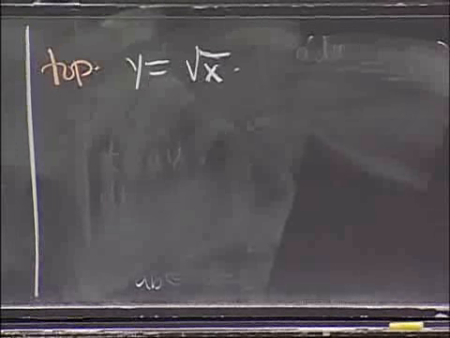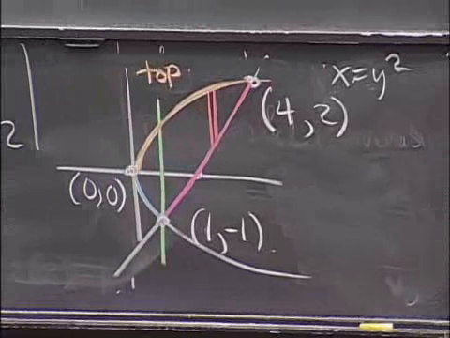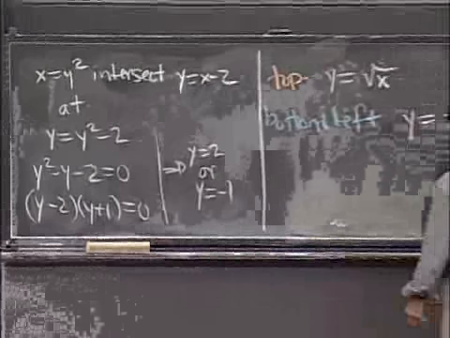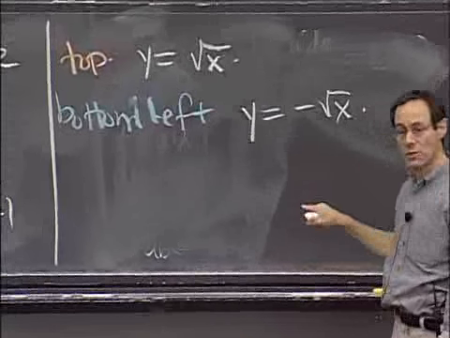The bottom curve, part of the parabola, so this is the bottom left, is y equals minus square root x. That's the other branch of the square root.